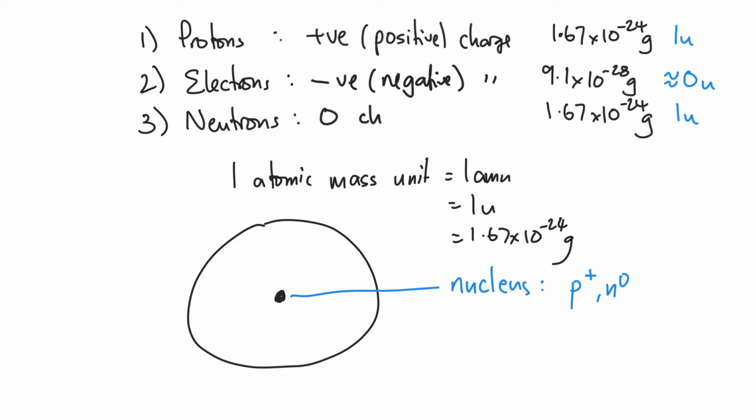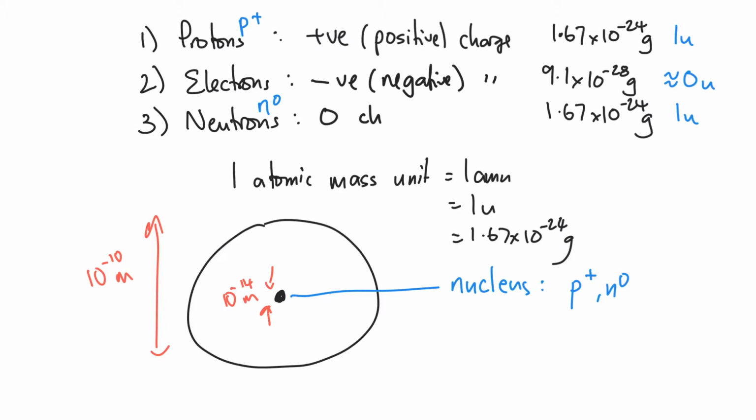In fact, I'm going to write protons as a P plus and neutrons as an N0, just to remind us of the charge. And the atom itself, we said, is approximately 10 to the minus 10 meter wide. The nucleus itself is about 10 to the minus 14 or so of a meter across. So you're looking at about 10,000 times smaller.